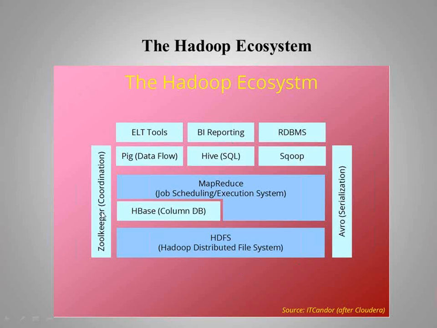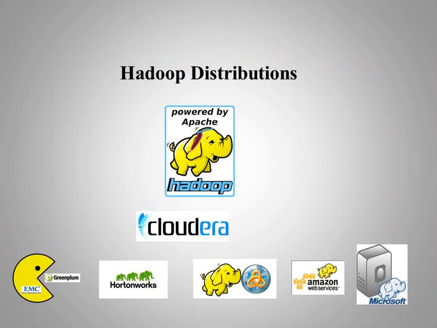Each and every ecosystem component I have addressed here is open source, and Hadoop itself is open source. But can any organization dare to work with open source, that too with a new technology, because you can't get any technical support? If you want to build your cluster using Apache, yes, we can build it.